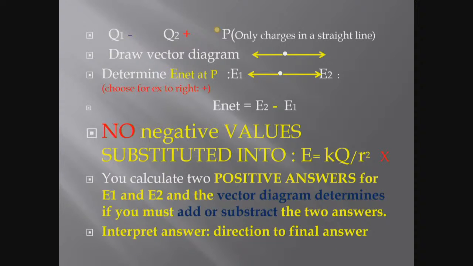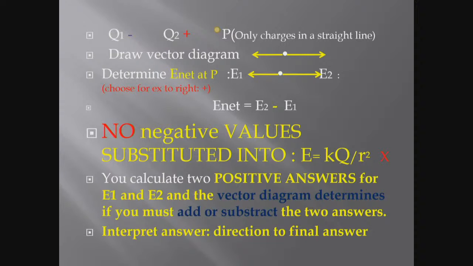If you get a negative and we have decided to the right is positive, then you know your final answer. You give the magnitude of E net and then state it to the left. So direction is decided by interpreting your answer according to the direction you have chosen. Very important for both calculations of F net and E net.